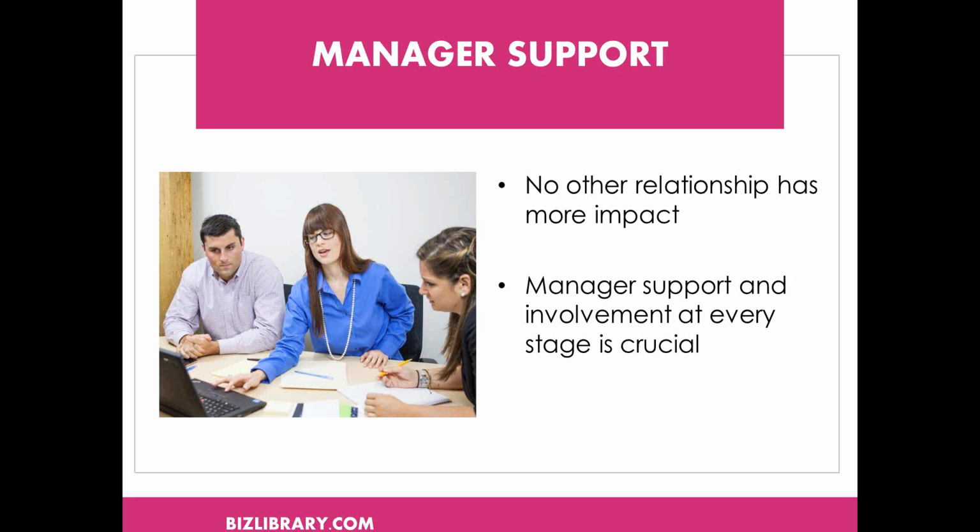At its foundation, we cannot deliver the goods on employee development, behavior improvement, performance improvement at the end without frontline manager support. It's critical. No other relationship has more impact on the improved performance of your employees than the relationship between your employees and their immediate supervisor.